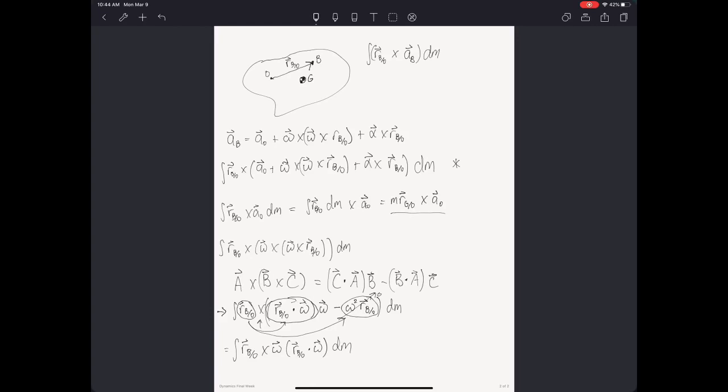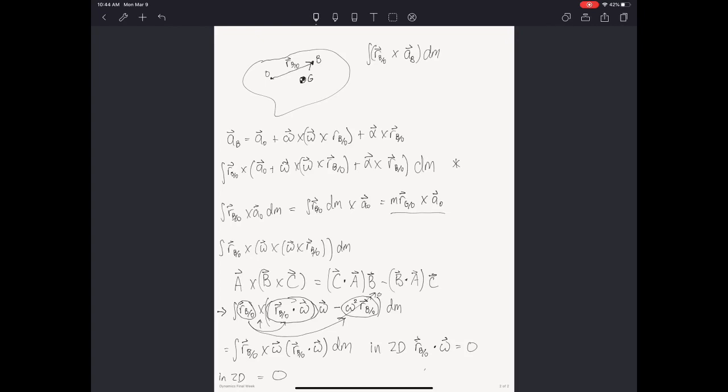But in 2D, R with respect to O, that is a vector that goes from some place in our rigid body to some place in our rigid body. This is in the xy plane, and omega is in the z direction. So when we dot them together, this is 0. So in that situation, we have that all of this in 2D equals 0.